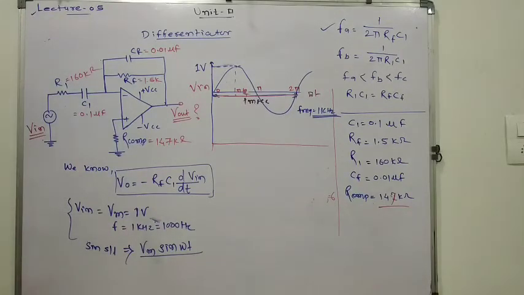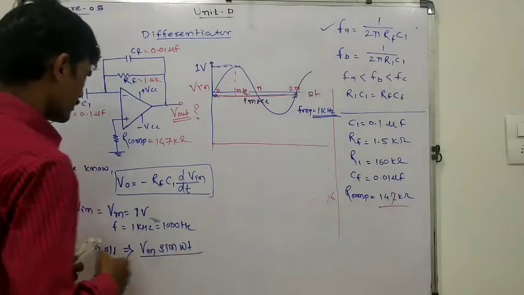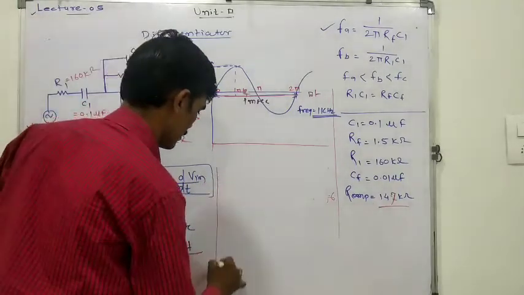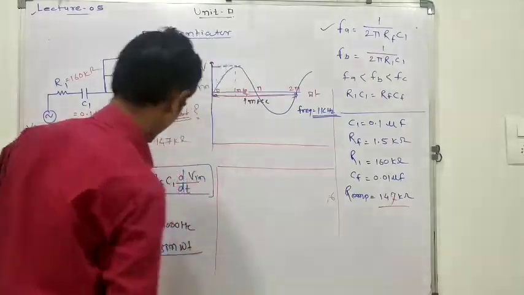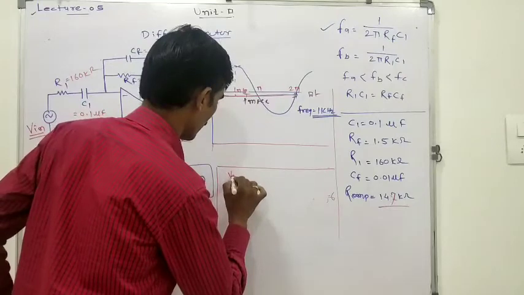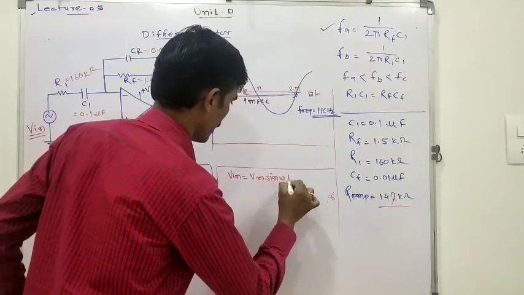Now this sinusoidal signal we have to provide to the differentiator, and we have to calculate the output waveform for the given data. Next, Vin is Vm sin omega t.